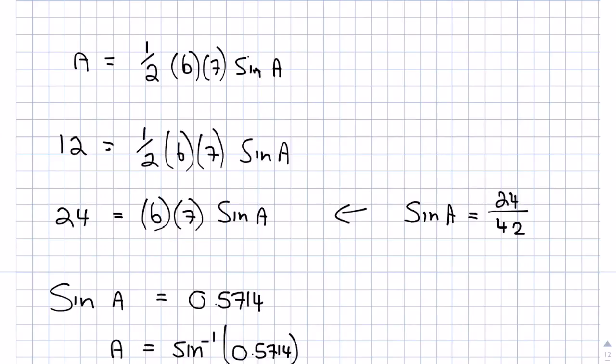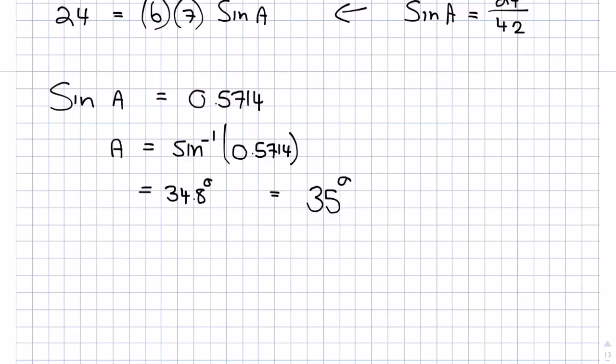The inverse sine on our calculator, in degrees, turns out to be 34.8 degrees, but I was asked to give this correct to the nearest degree, so our answer is 35 degrees. So that's how we can use the area of a triangle formula for finding the angle in a triangle, or for finding the area of a triangle when we know the angles and the sides.